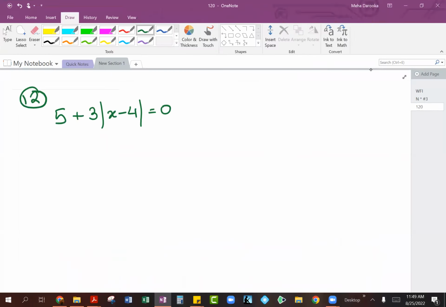Like I said, get rid of the 5 first. So we'll start by subtracting the 5. Okay. We still have the 3 times our absolute value. Now, how can we get rid of the 3?